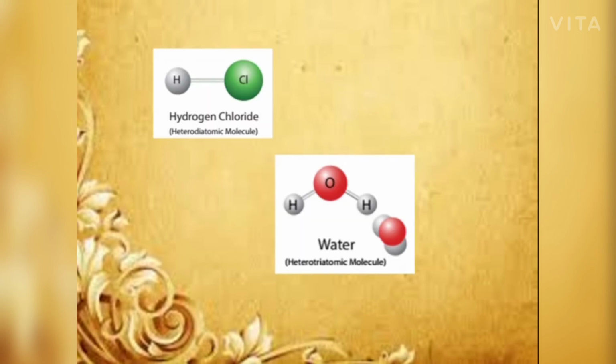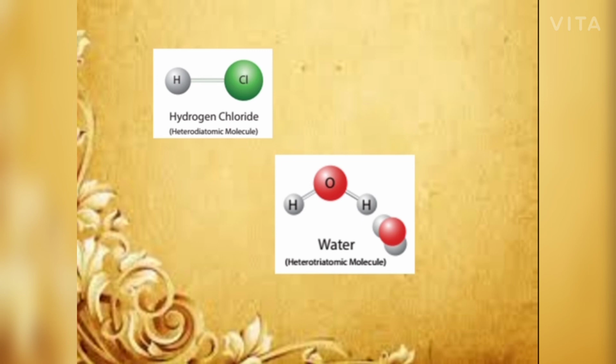For example, hydrogen chloride. This molecule contains 2 atoms. One is hydrogen, another one is chlorine. 2 different atoms are present. So, that is called heterodiatomic molecule. 2 atoms are present, so diatomic. 2 different atoms, so hetero.